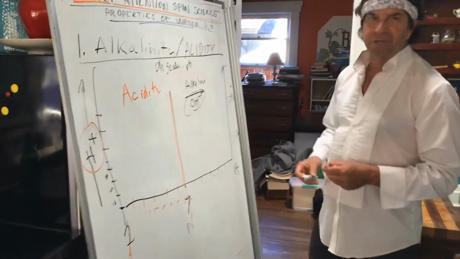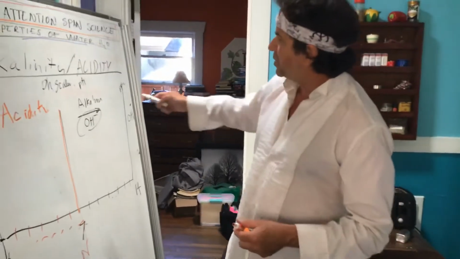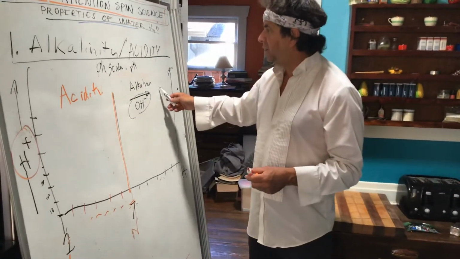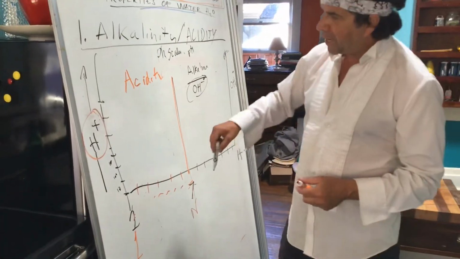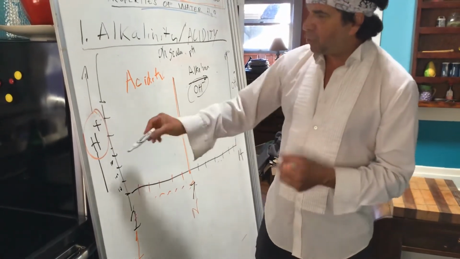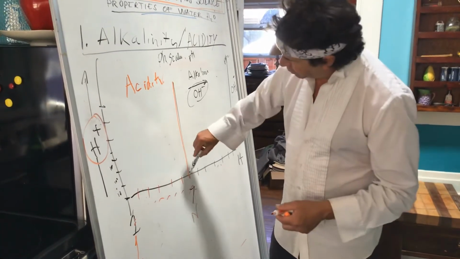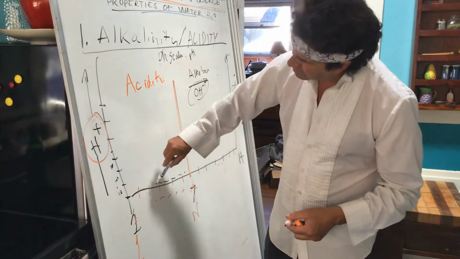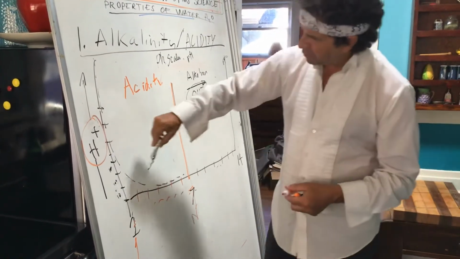I'll tell you what an ion is in my next mini lecture. We use a logarithmic scale because otherwise the curve would never touch there.